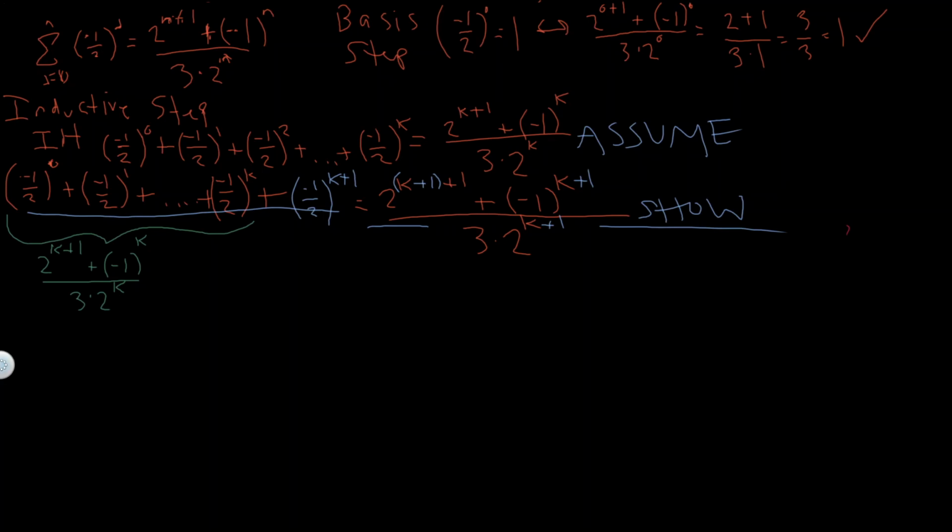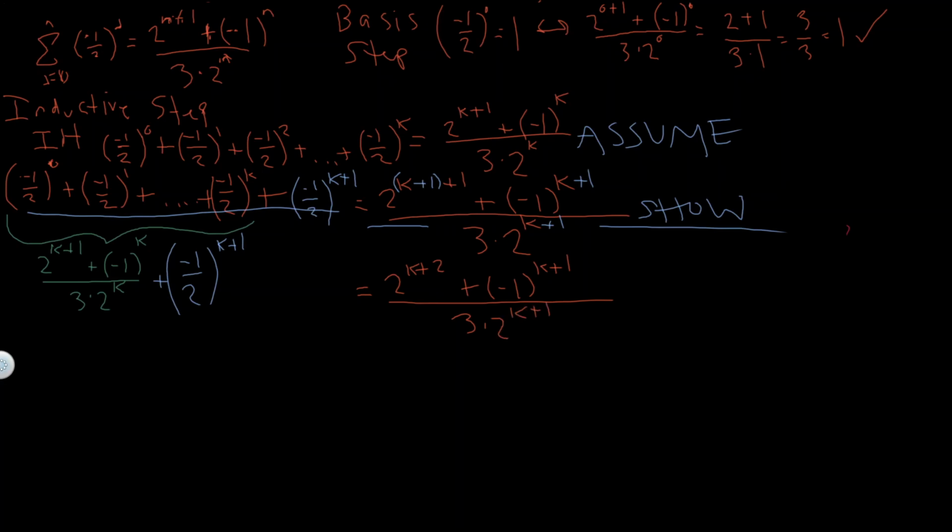And then we are going to write the k plus 1 element, and we're going to set that equal to 2 to the k plus 2 now, plus negative 1 to the k plus 1, and that's all divided by 3 times 2 to the k plus 1.